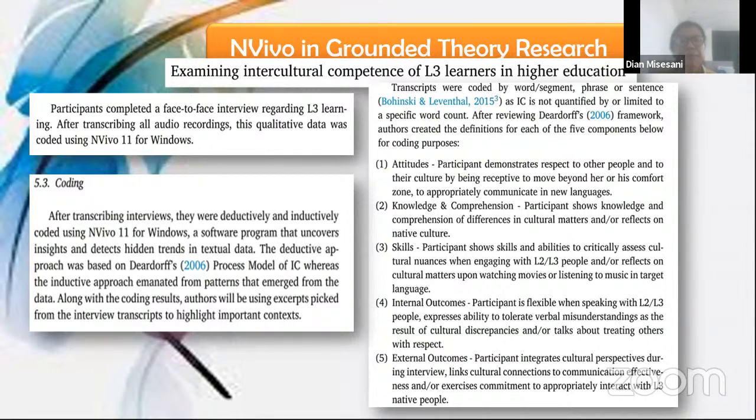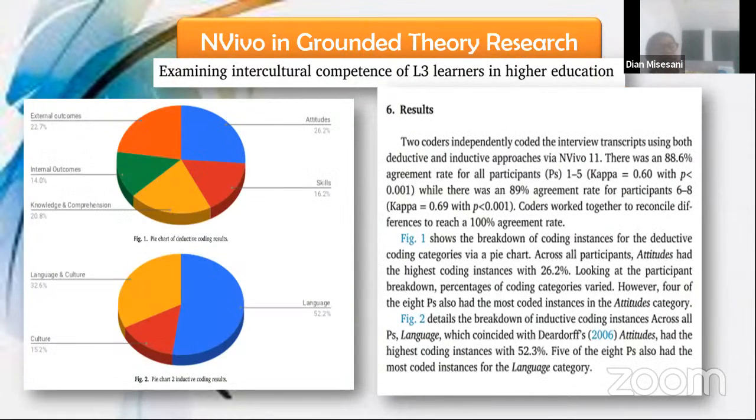So next slide, please. The next slide shows how the researcher also visualizes the result of coding through NVivo. Here, the first thing is that there are 2 coders, or raters.